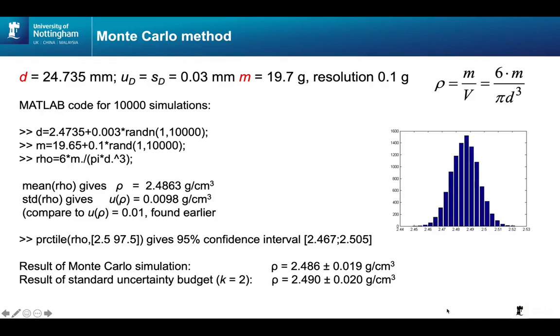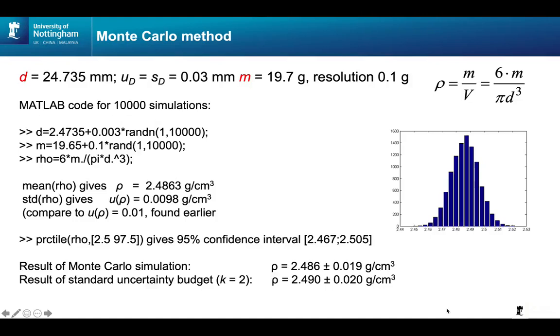The mass is a normal distribution, and then the rho we just use our model equation to give us that, and then we repeat that many thousands or even millions of times. So that gives us a rho value, standard deviation, and you see we get from this, when we run this, 0.0098, which is pretty close to 0.01 that we found with the spreadsheet model or the sum of squares model.